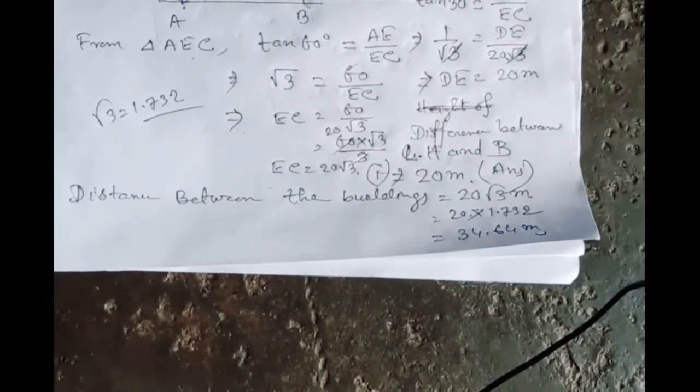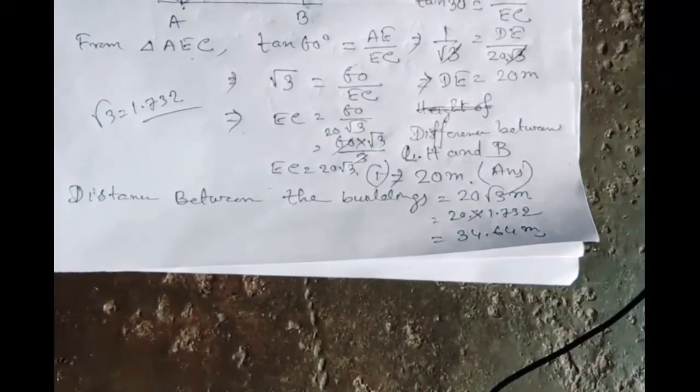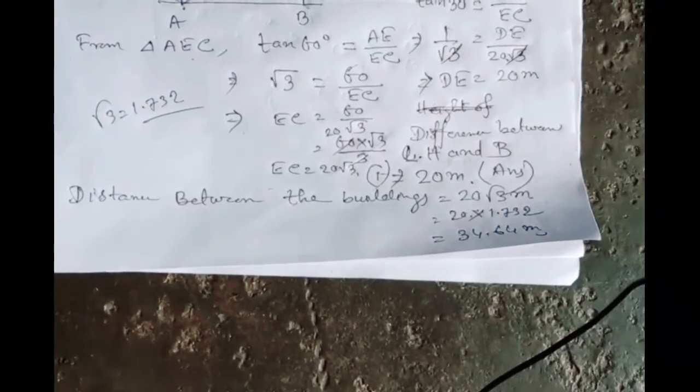The angle of elevation of the top of a building from a point A on the ground is 30 degree.